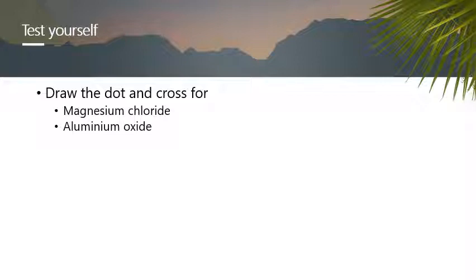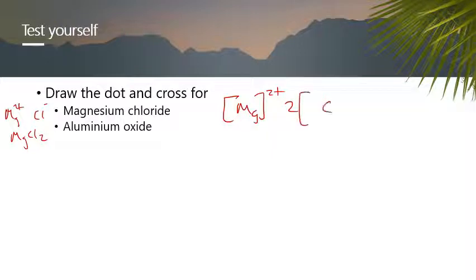Now magnesium forms Mg2 plus. So magnesium is Mg2 plus, Cl minus, so it forms MgCl2. So I have 2 of Cl and 1 additional electron. So that's magnesium chloride. Aluminium, Al3 plus, O2 minus.